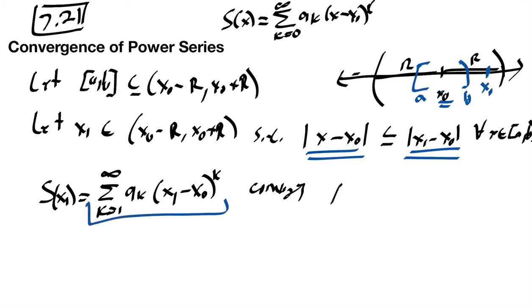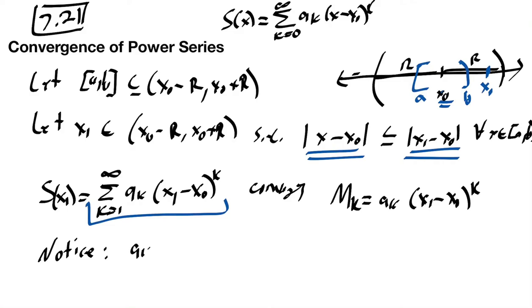And so let's just call this thing right here our M. So we'll let M_k equal a_k times x1 minus x naught to the k. And then we'll notice that each point in S of x is less than that. Sorry, I kind of missed a little bit here. We'll let this part be the M_k.